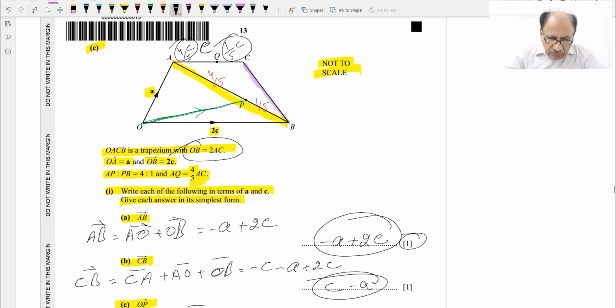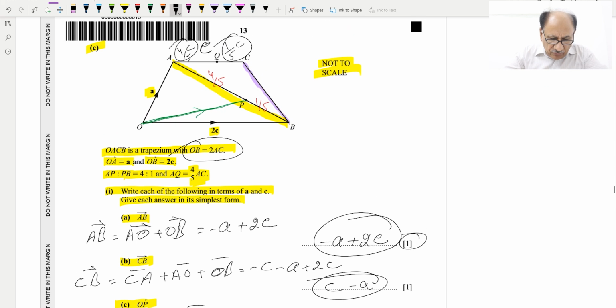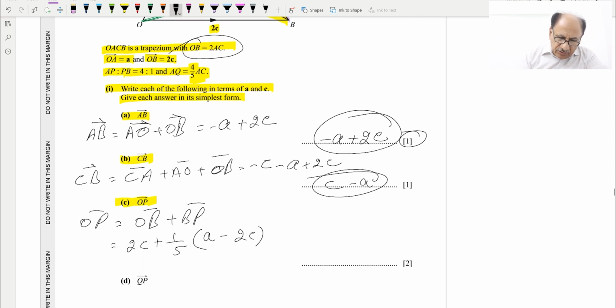It's not BA, it's BP. So 1 by 5 of BA, yes, correct. Now we will simplify this. So we can open: this will be 2C plus 1 by 5A minus 2 by 5C.